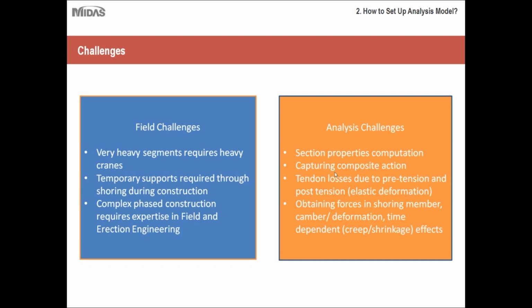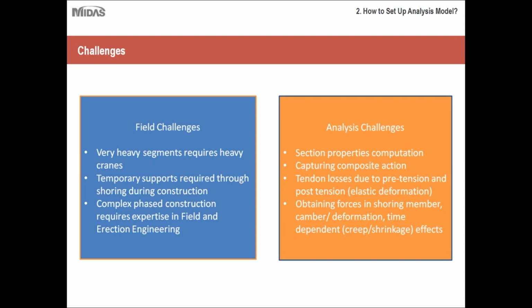Then capturing the composite action. Again, this one section is constructed in 3 different steps, and there will be a time where the girder will be by itself, then there will be the girder and the lid on top, which will behave as one section, and then after some time there will be a third part added to this section. So you have to capture the behavior of the entire cross section in different stages.